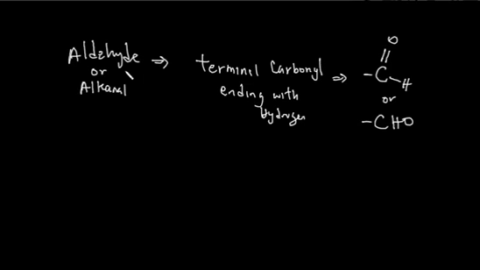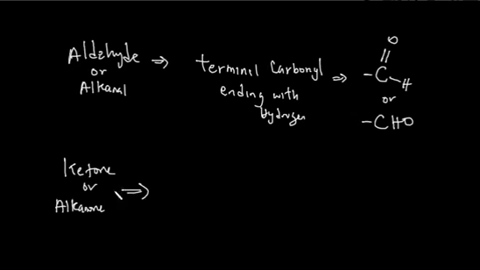Now, the other thing I would like to say to support this is that there is another group of compounds that also have carbonyl group as their functional group. That group is called ketone. Alkanones are saturated ketones, so they are the same thing.